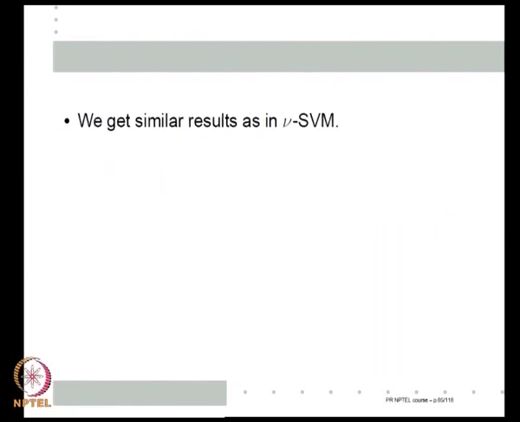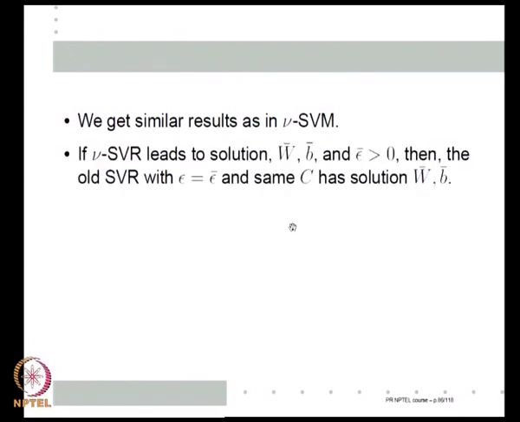This turns out to have similar kinds of properties as the nu SVM case. That is to say, suppose nu SVR leads to solution W bar, b bar, epsilon bar, with epsilon bar strictly greater than 0. Just like in the nu SVM, if I choose a wrong nu, I get a solution with rho equal to 0. Similarly, here.